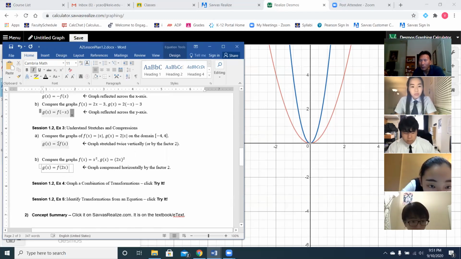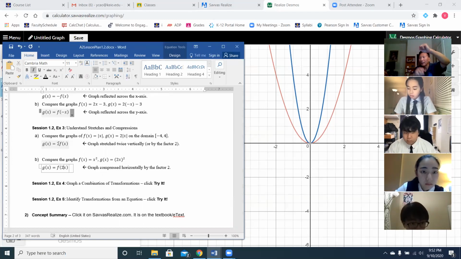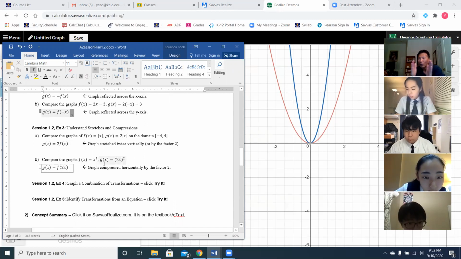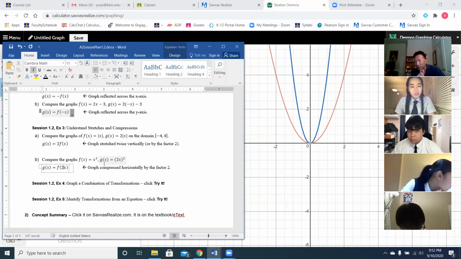Third, we talked about multiplying a number. Multiply a number outside, it gets pulled up, larger vertically. If the number is inside, even though the number is still 2, it becomes smaller, you compress halfway.